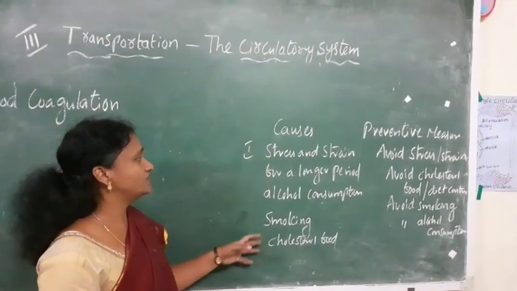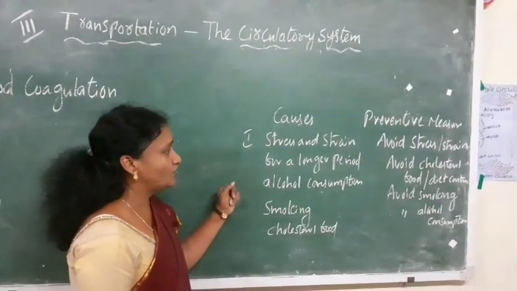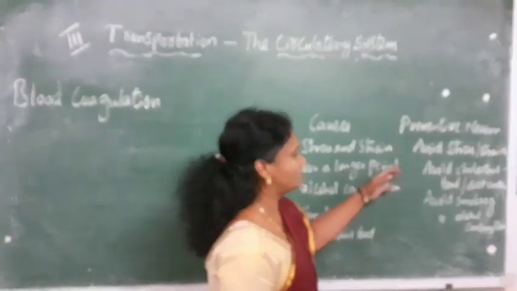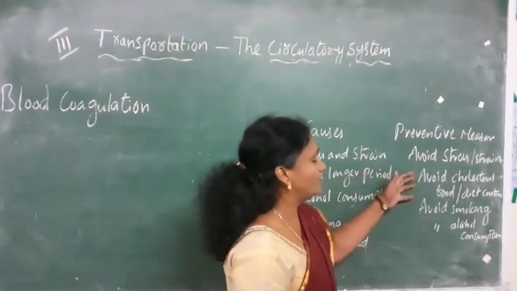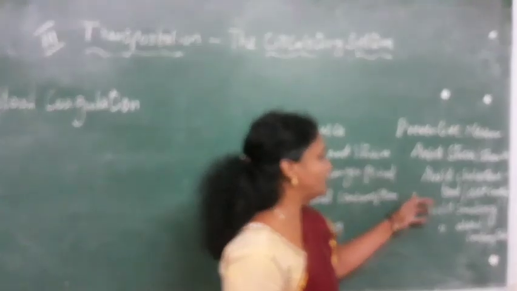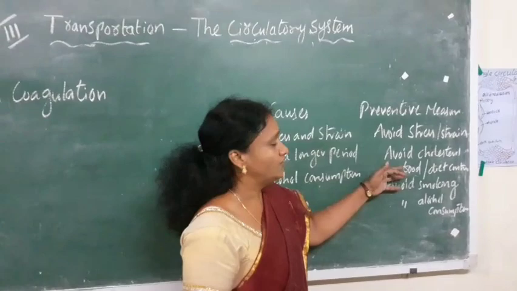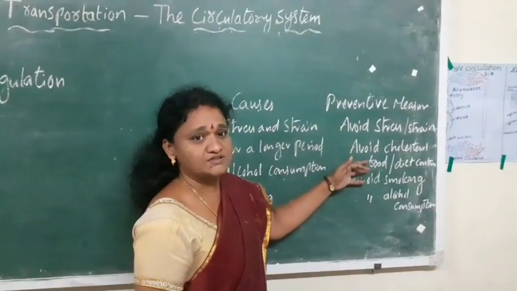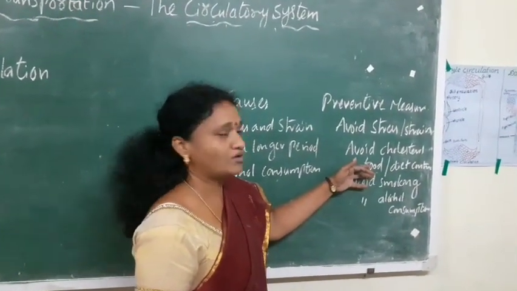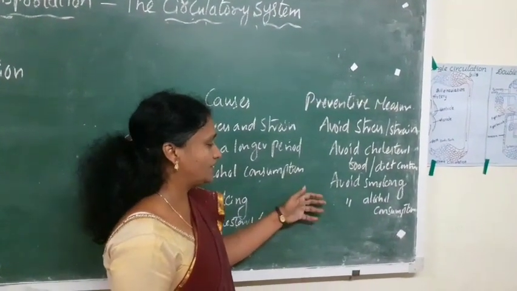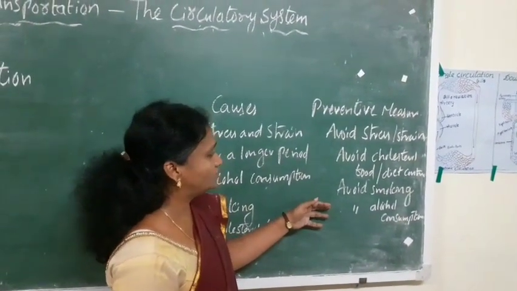In order to prevent high BP, we have to avoid stress and strain and avoid eating cholesterol-rich food material, and you should maintain a diet that contains a large amount of vegetables; a vegetarian diet is more preferable. Next, you have to avoid smoking, and taking more alcohol should also be controlled.